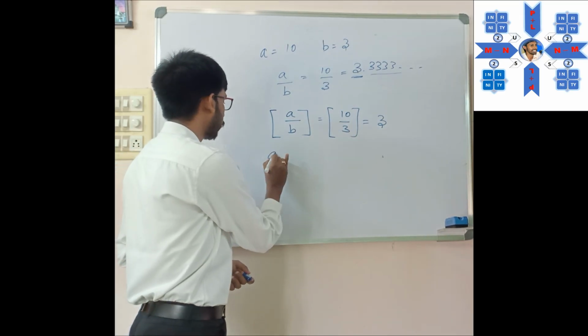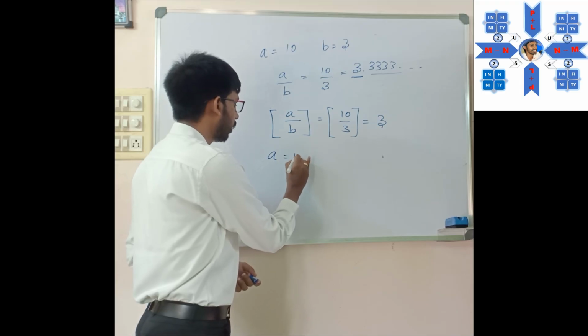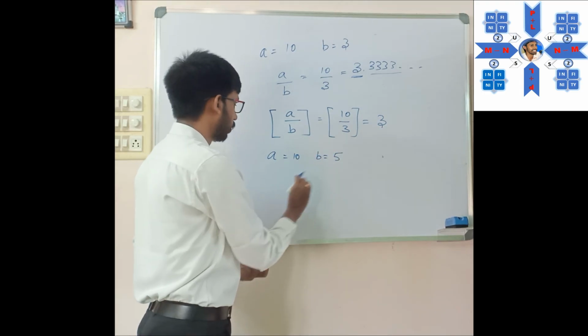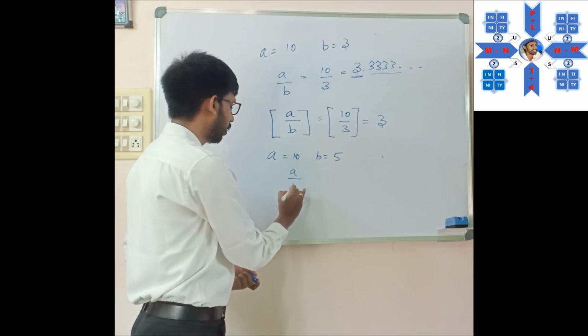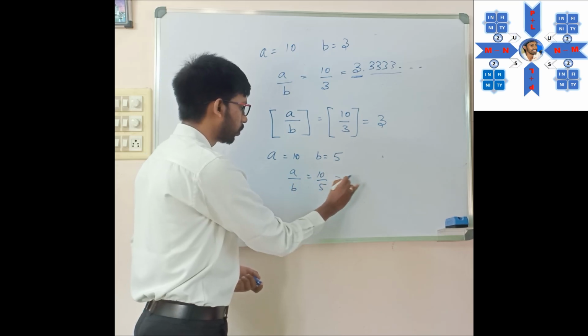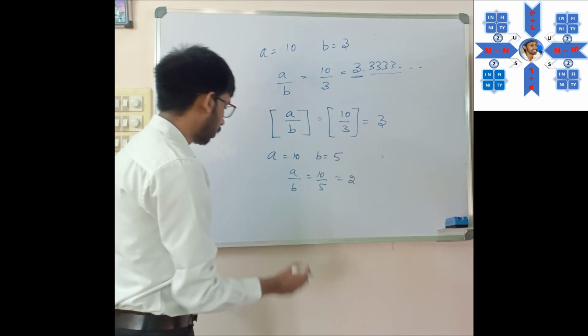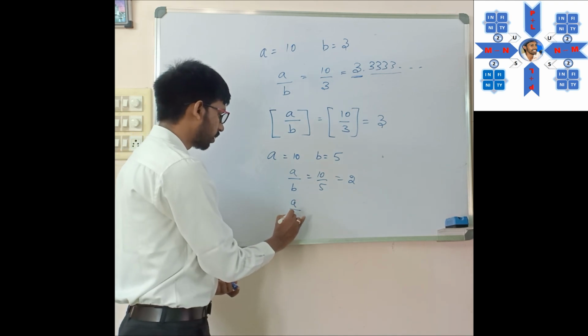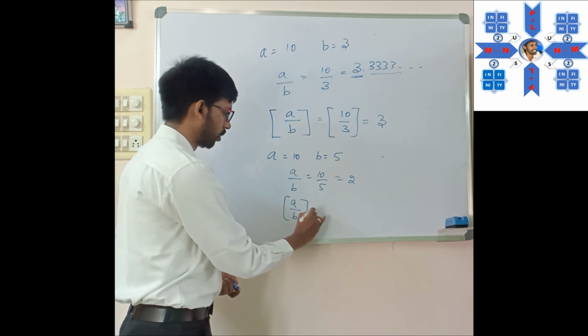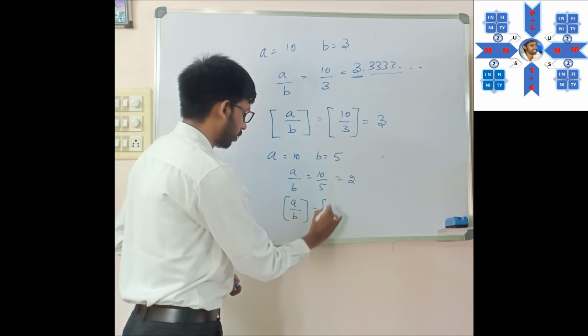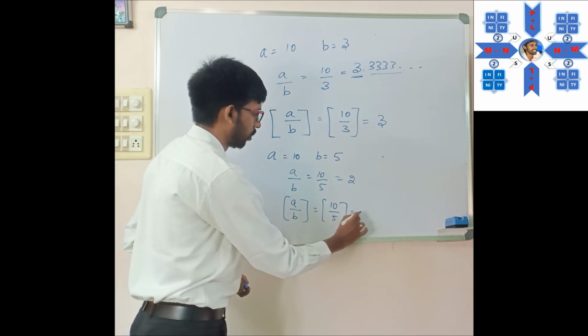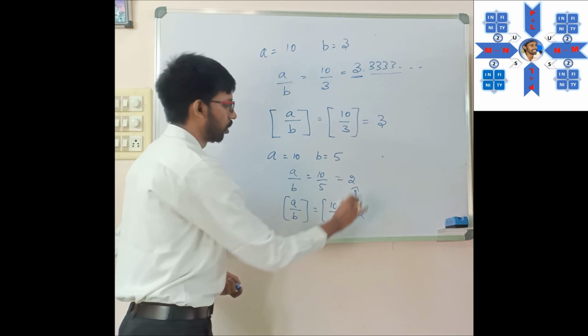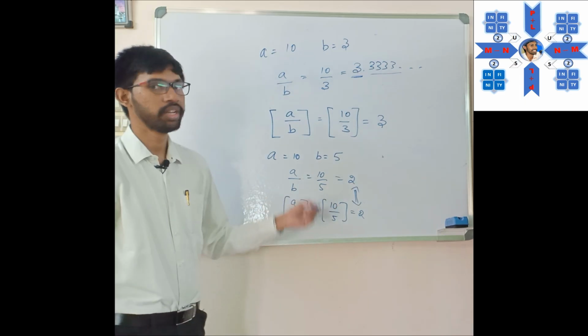There may be a case where A equals 10 and B equals 5. In this case, A by B equals 10 by 5 equals 2. The answer itself may be an integer. So in this case, they may be equal, but not in all the cases.